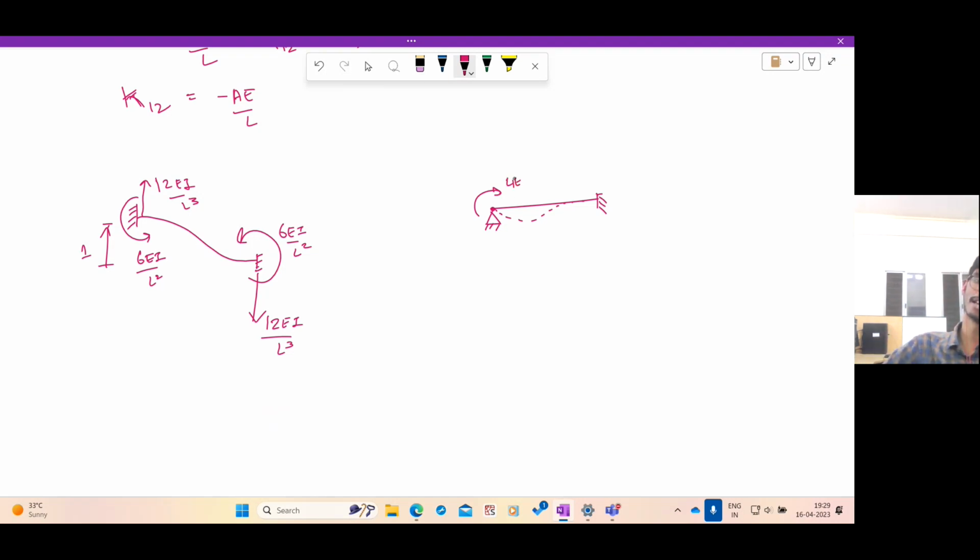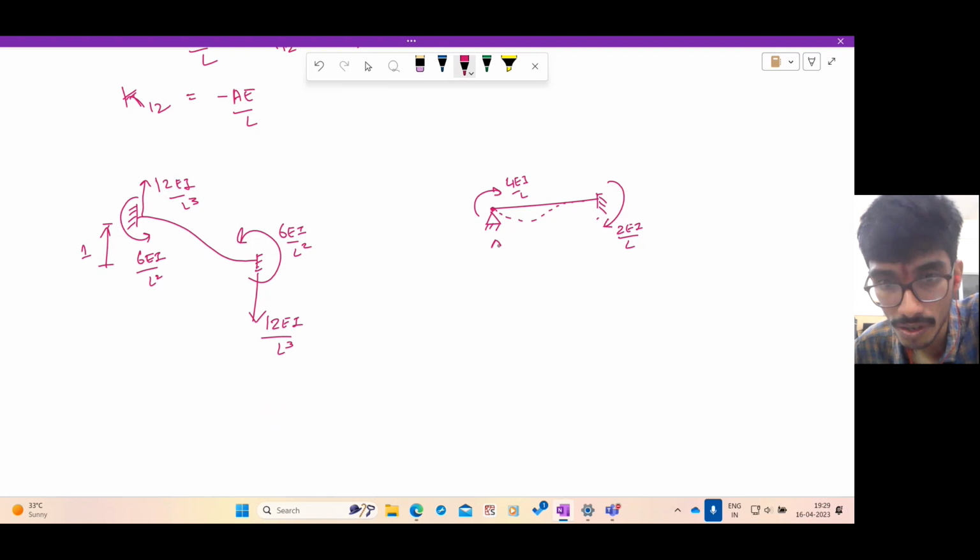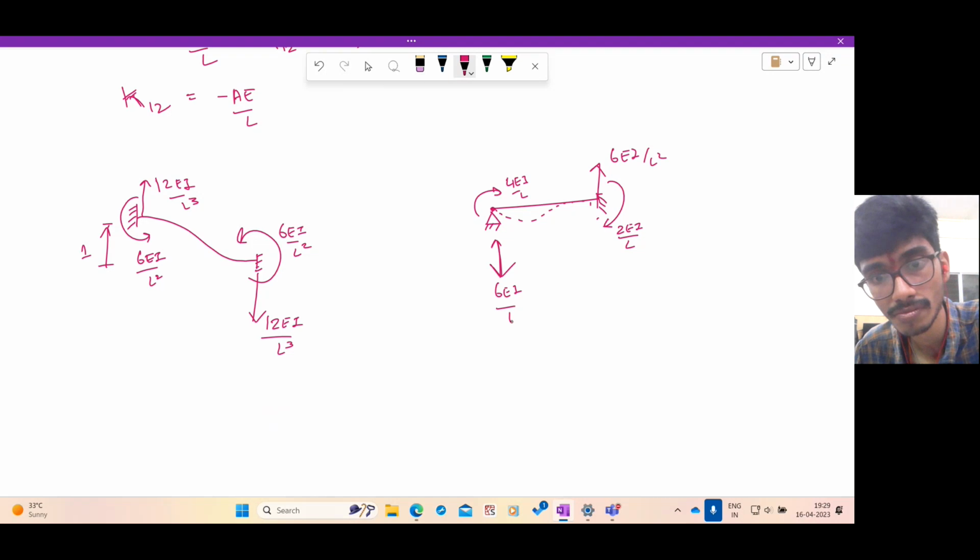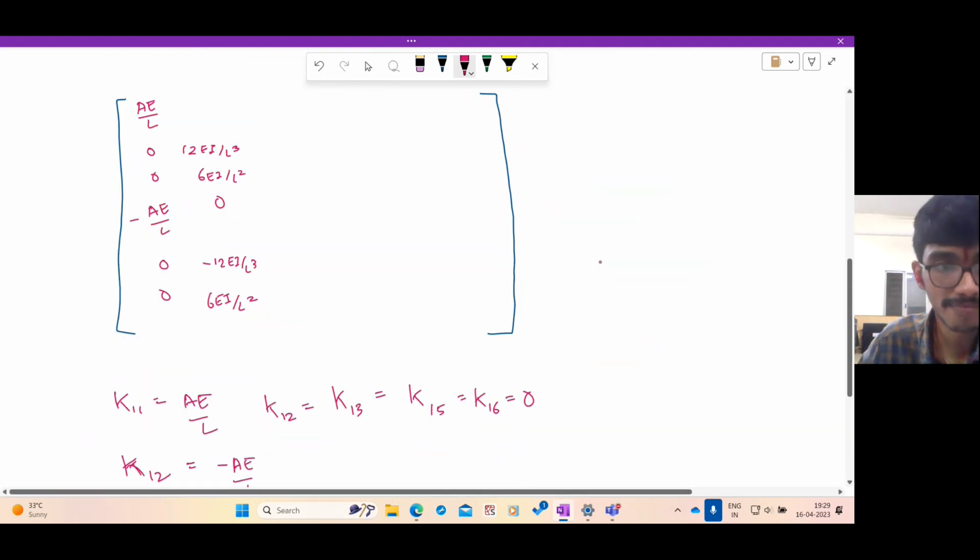So here you have a 4 EI by L. Here you have a 2 EI by L. And you have a net moment of 6 EI by L, which means you need to have a shear force of 6 EI by L square. Again, just fill it in.